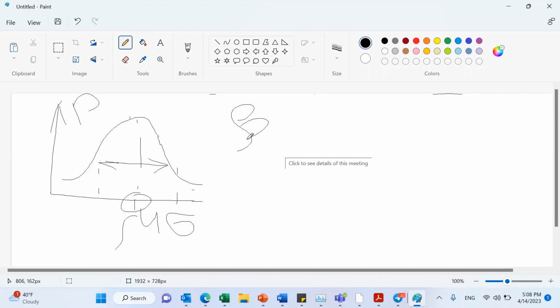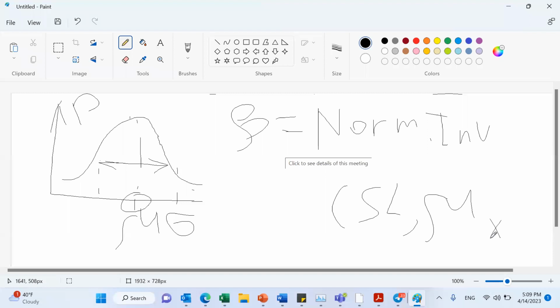You remember that up-to level will actually be the normal inverse function based on the service level, the mean of X, where X is how long the lead time is, right? And your sigma X.